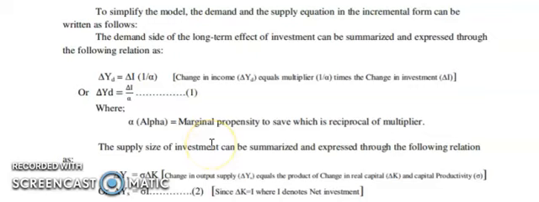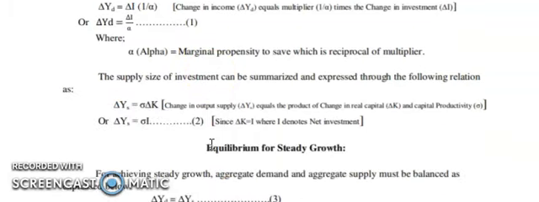The supply side of investment can be summarized and expressed through the following relationship: delta Ys equals sigma into delta K. Delta Ys is the change in output supply.